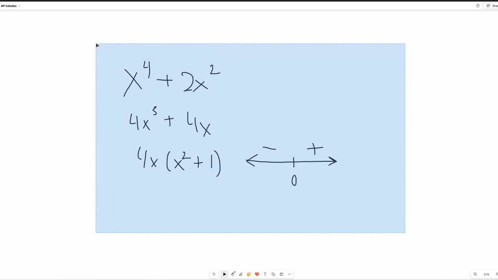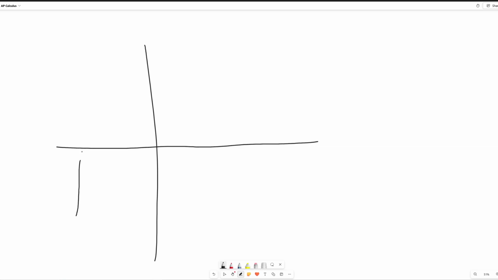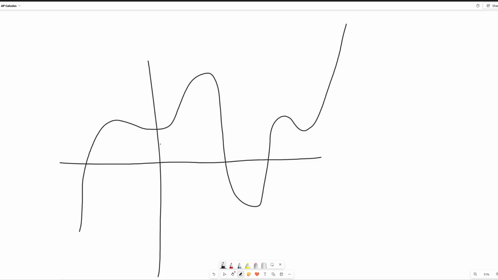Now, these sign charts can also be used to find relative minimums and maximums. So what is a relative minimum and maximum? Well, if you take a function like this, your relative maximums are just going to be the peaks that it hits. So right here, right here, right here, and then your relative minimums are going to be the divots.